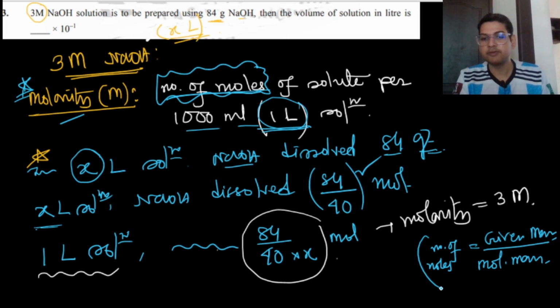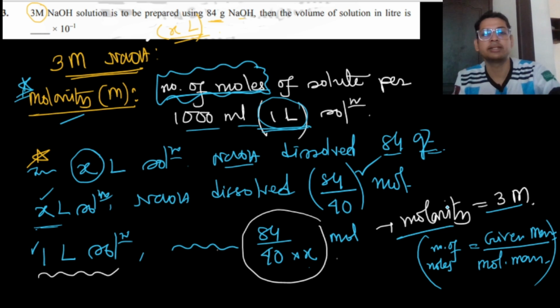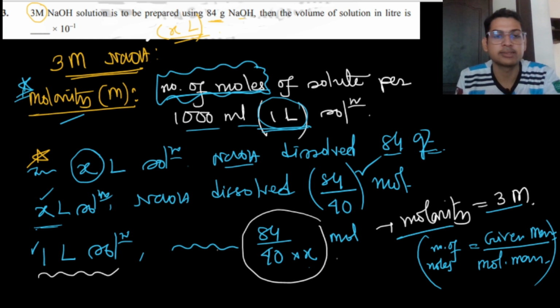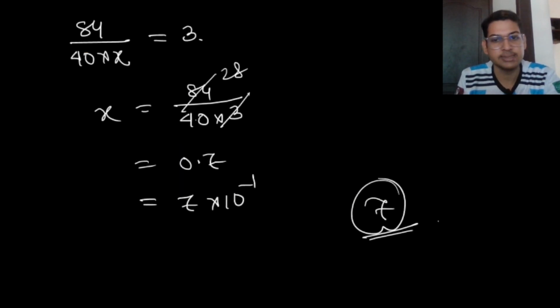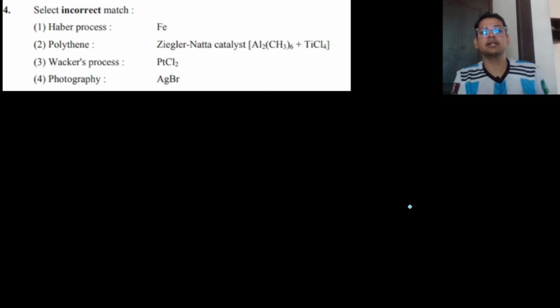No problem, given mass by molecular mass, 84/40 number of moles. But this I got in x liter, and I want it in 1 liter. Molarity is 3 molar. Equate and you will get your answer as 7. Okay, going to the next question.